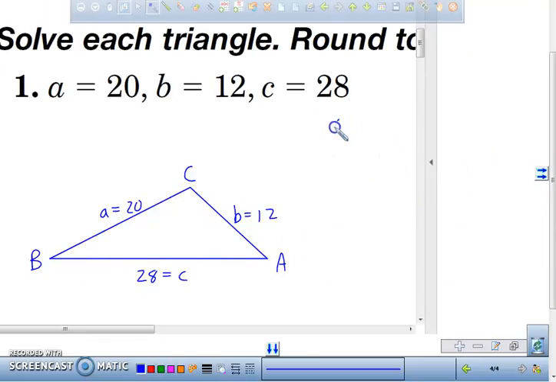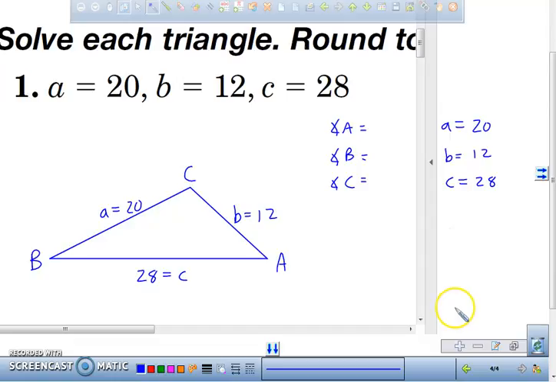When it says solve the triangle, that means I want you to find all 3 angle measures and all 3 lengths of sides. So we're halfway done. Woohoo! 20, 12, 28.